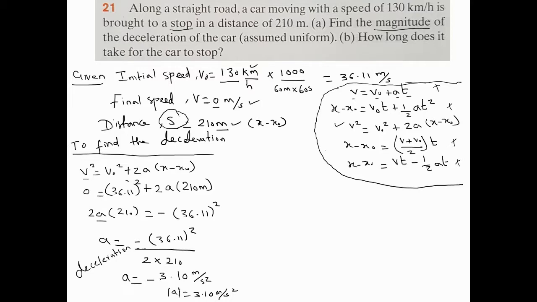If your acceleration value is negative, then it represents the deceleration. But in the question, what they need is only the absolute value of the acceleration. Here you have negative, so you only have to write the positive value. Understand? Okay.